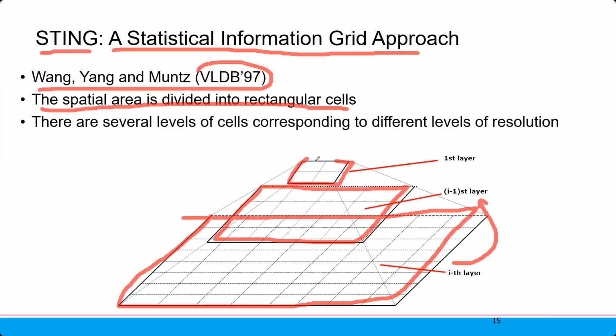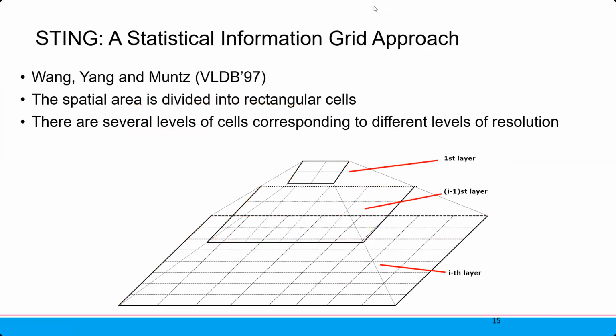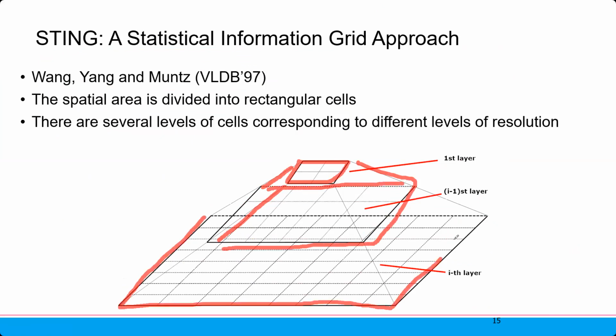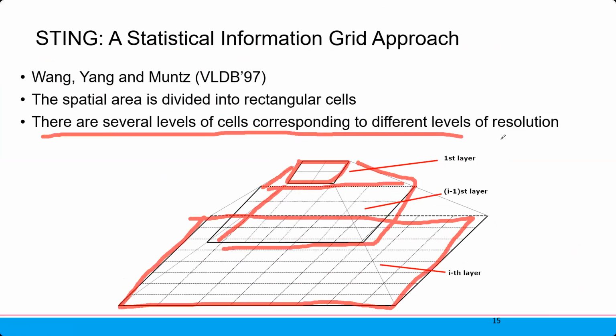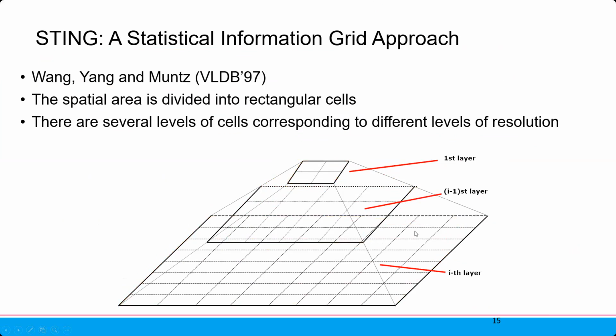You can also have another aggregate resolution, or you can have this, the original or the first layer, and you can make it more detailed. So you can make a bigger one, more detailed, and you can also make another detailed layer. So there are several levels of cells corresponding to different levels of resolution. So this is the level of the resolution.